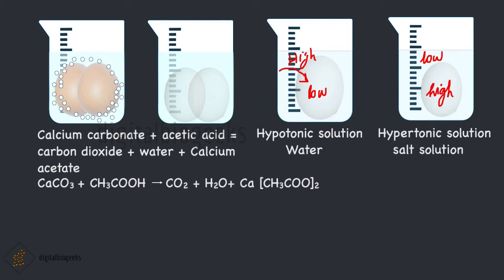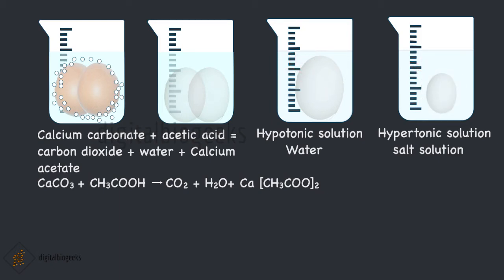When we put the egg in this hypertonic solution, water will move from a high concentrated region to a low concentrated region. That is, water will flow from the cell to the outside solution. As a result, the egg will shrink.